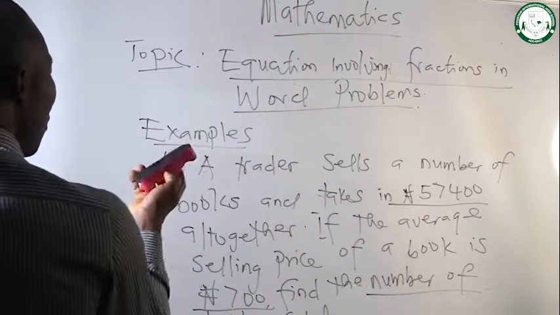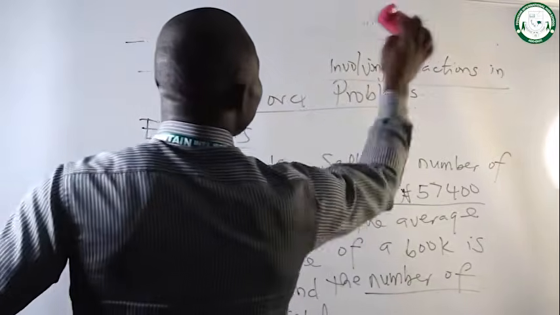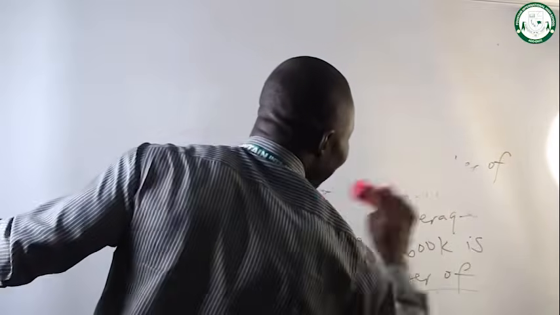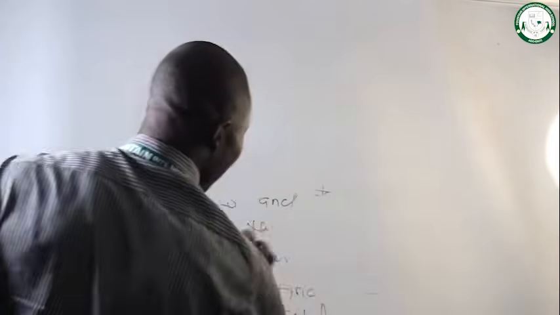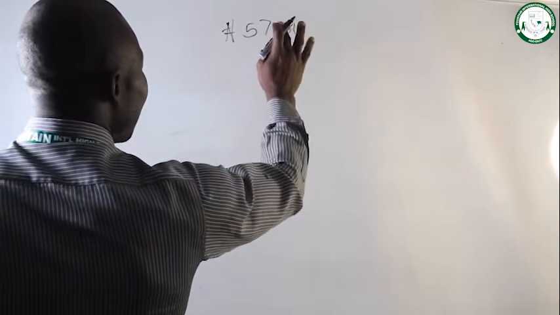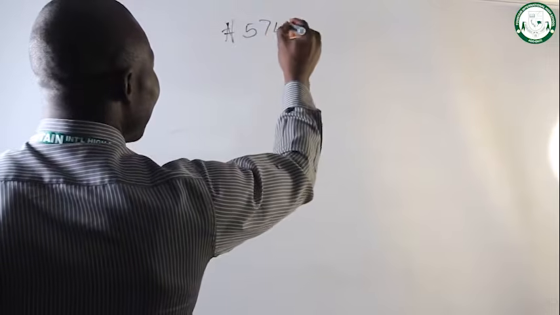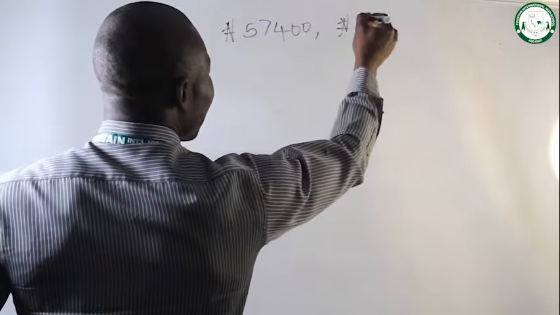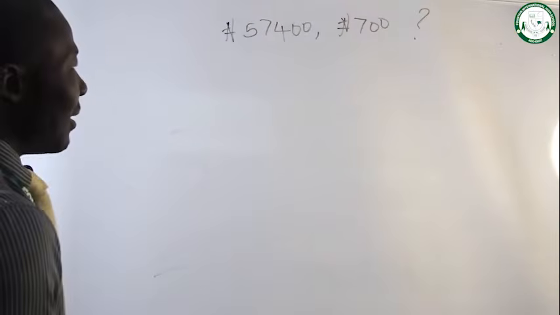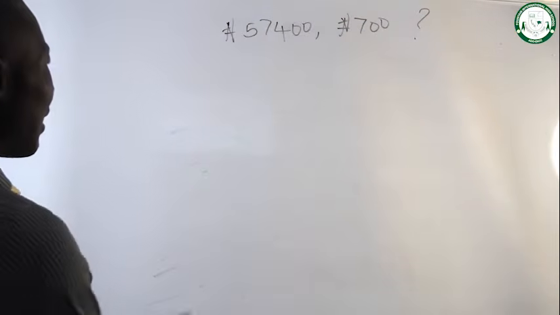It means we have to do it by ourselves to look for the unknown and solve the problem. I was given 57,400 naira, I was given 700 naira, and I was asked to look for the number of books sold.